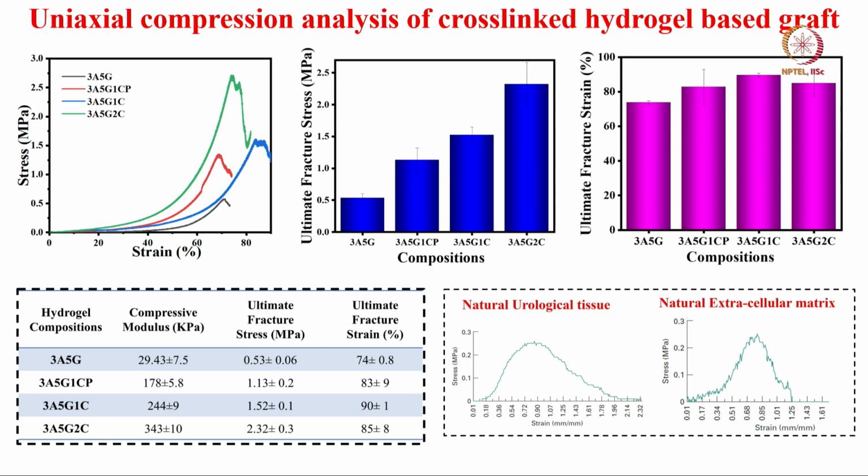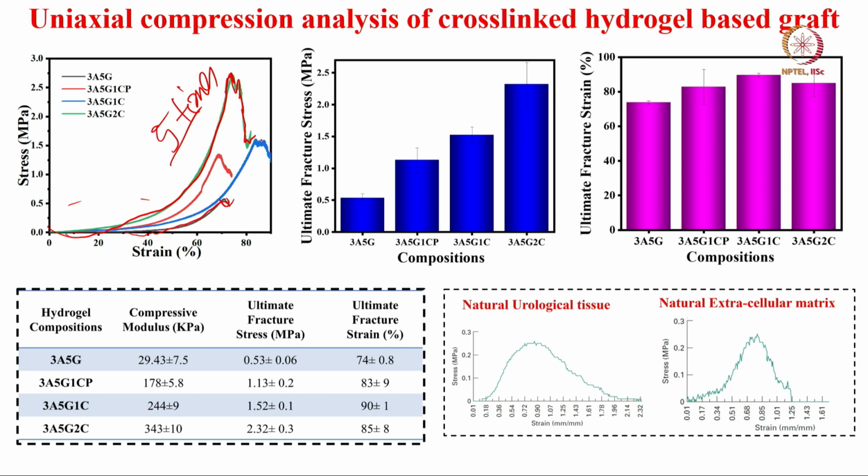Uniaxial compression, in terms of the mechanical properties. When these hydrogel scaffolds experience compression, you can see that 3A5G has a much lower strength, like 0.5 megapascal. In 3A5G 2C, the strength increases to almost 2.5, like a 5 times increase in strength. They also show some nonlinear behavior after yielding.